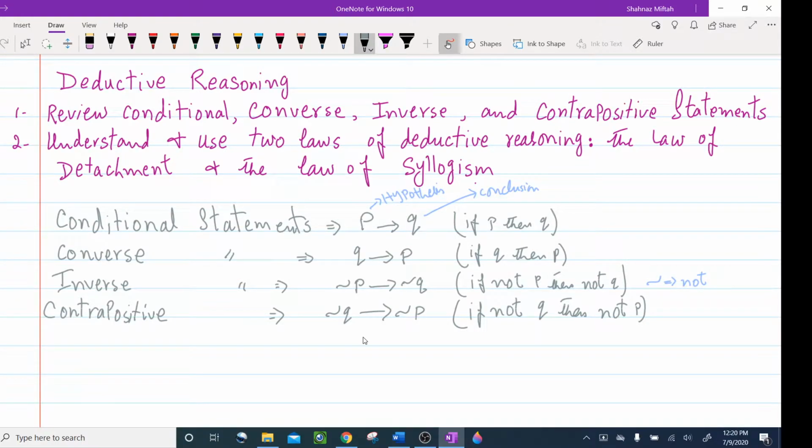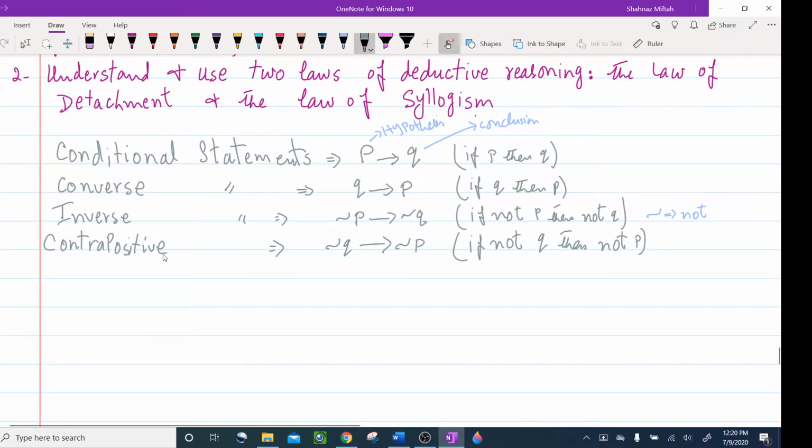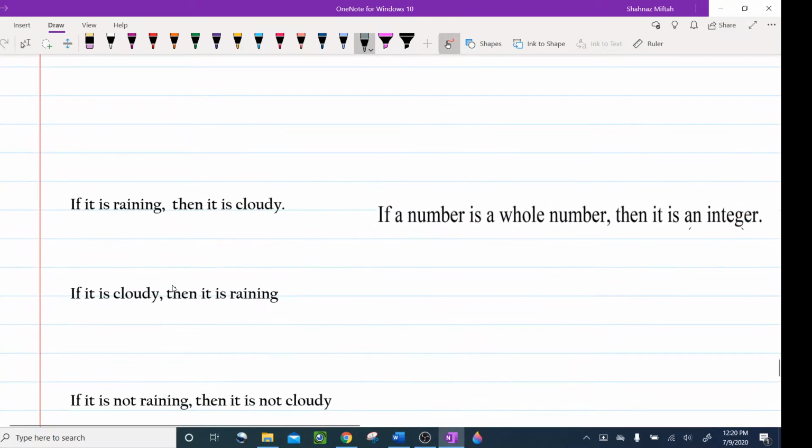Okay, let's do some examples about the conditional, converse and inverse. I'll just give you one example each, and then we go from there. If it is raining, then it is cloudy. The phrase that comes after if is always P. If P, then Q is a conditional statement.